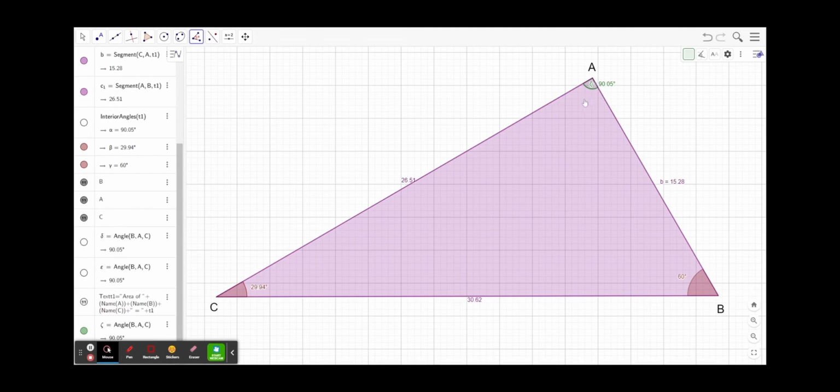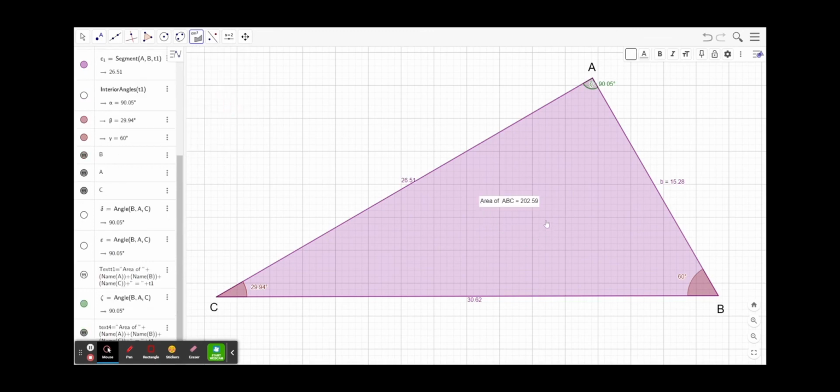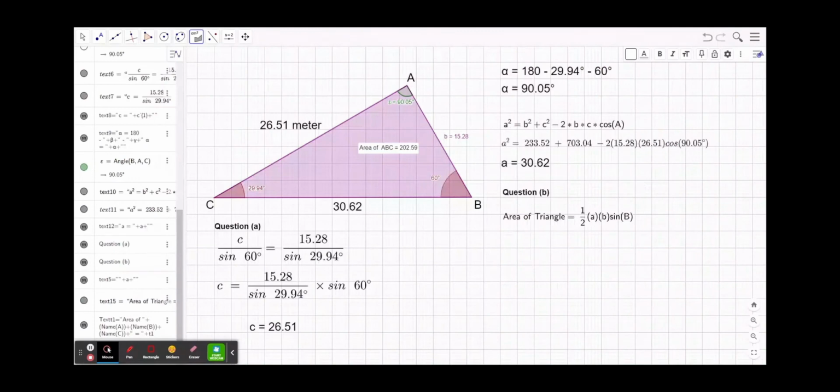Last but not least, as requested by the second question, to find the area of the roof, we choose the area feature and click the closed polygon. Then the triangular area which will be painted by Mr. Danny is 202.59 meters squared. Therefore, we have finished solving Mr. Danny's problem and I hope he likes it.